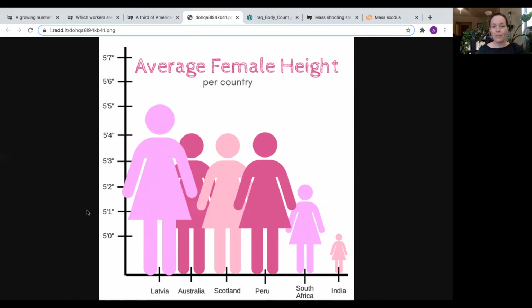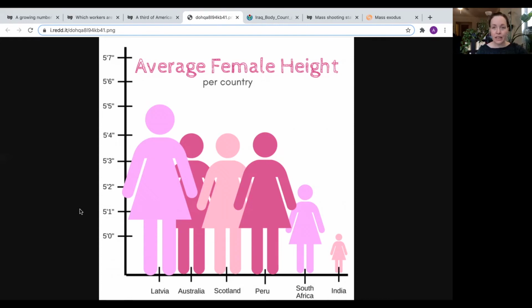So I would say that when working with icon charts, one of the important things is to use them to show quantity and maybe some qualities of the people who are being represented, but not to necessarily use them to show numerical qualities of those people.